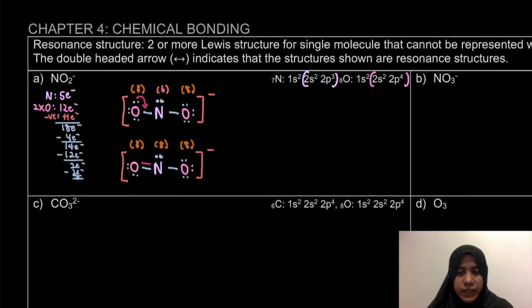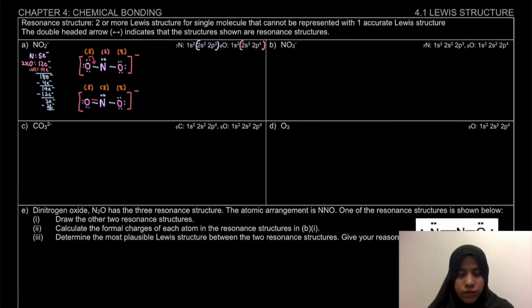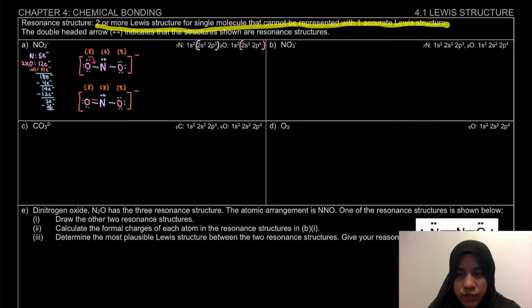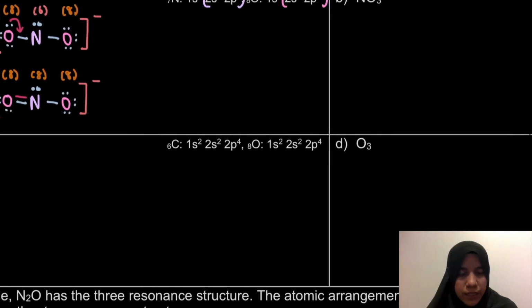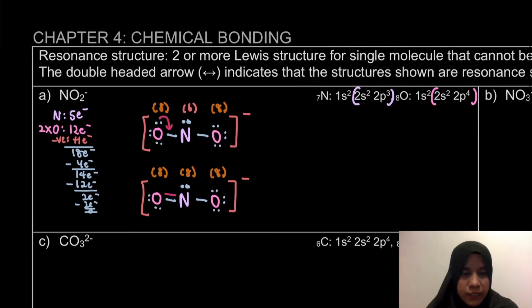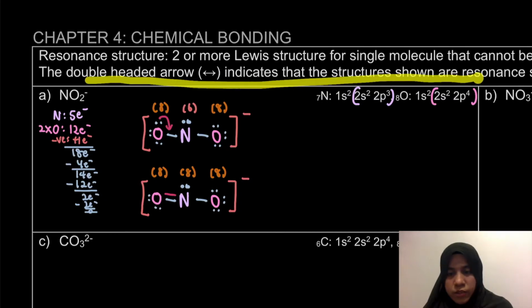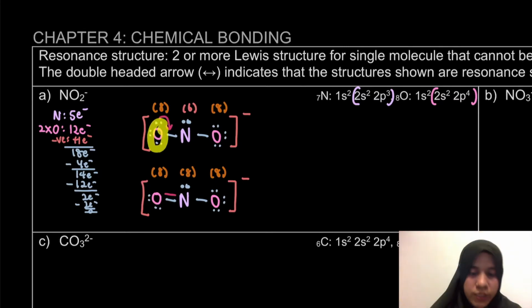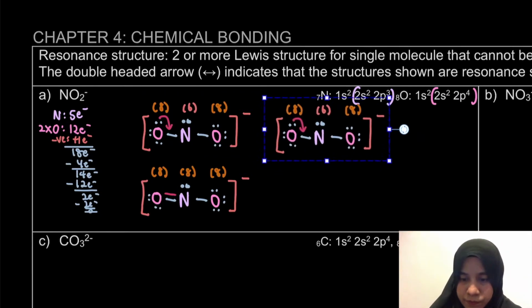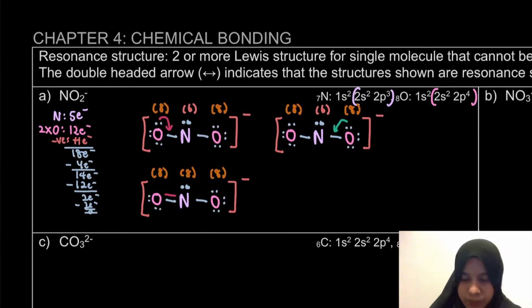Okay, but it says here that a resonance structure is two or more Lewis structures for a single molecule that cannot be represented with one accurate Lewis structure. Okay, so here, the double-headed arrow indicates that the structures shown are resonance structures. Actually, not only this oxygen can share electrons, the oxygen here can also share. But it doesn't add a double bond to both, it adds to only one. Or for example, this one shares.